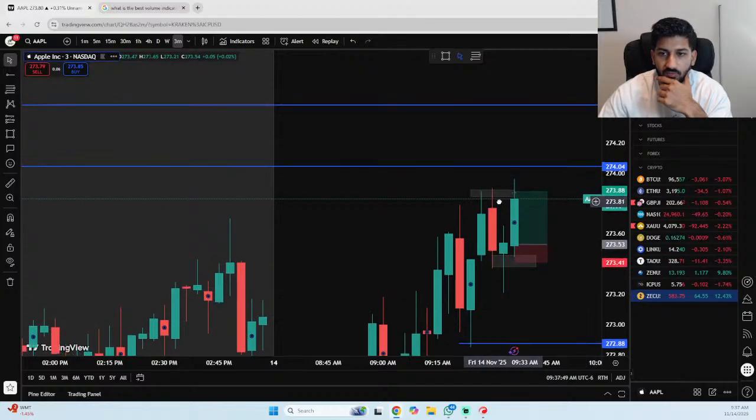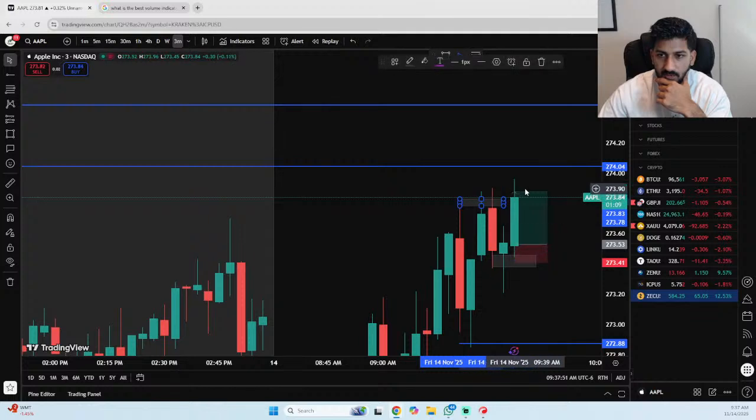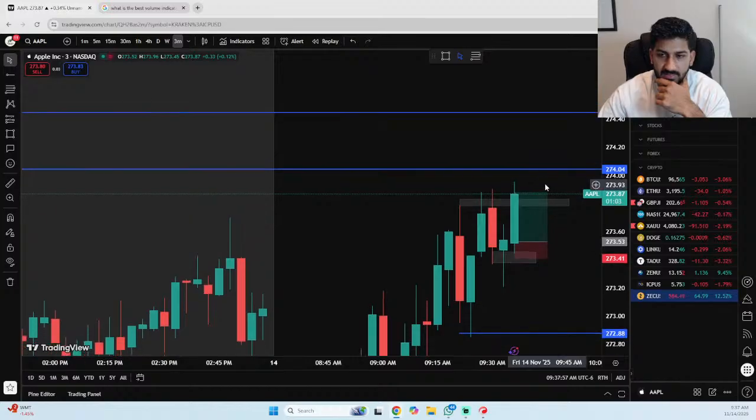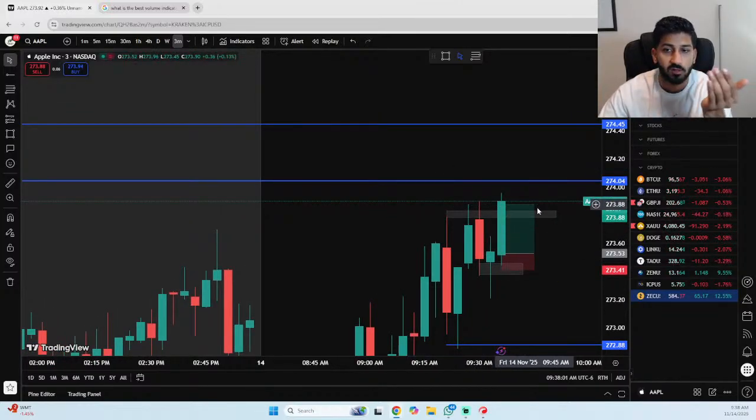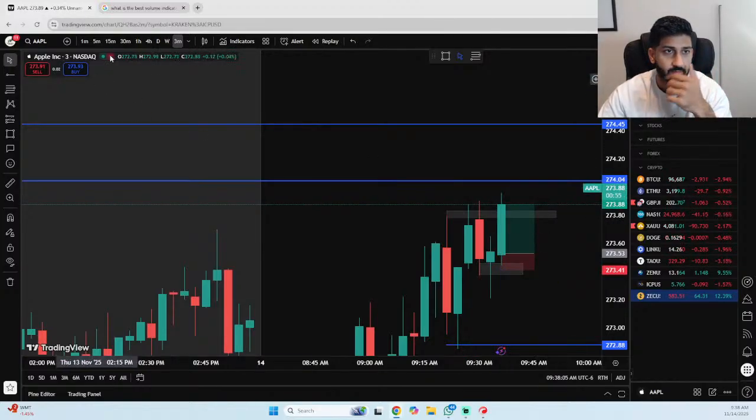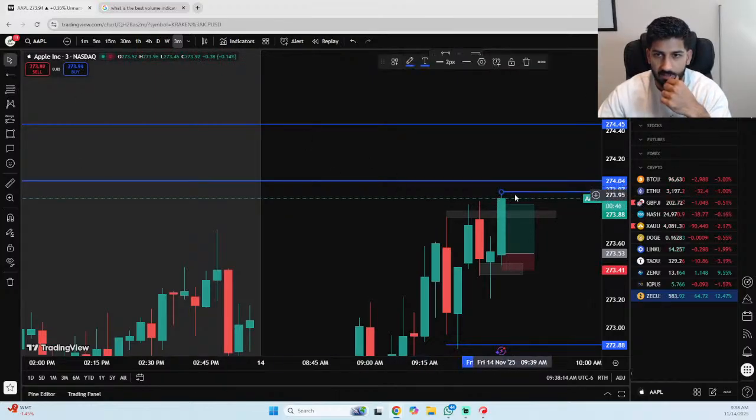Let's say, for real time, if the price breaks above this area of 273.83, and the next candle wicks down and continues to push up, with volume you should be able to break above this high and then continue to push up.